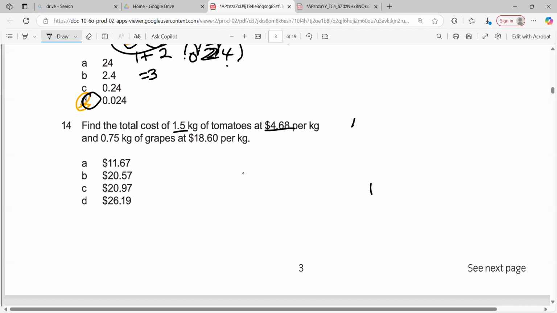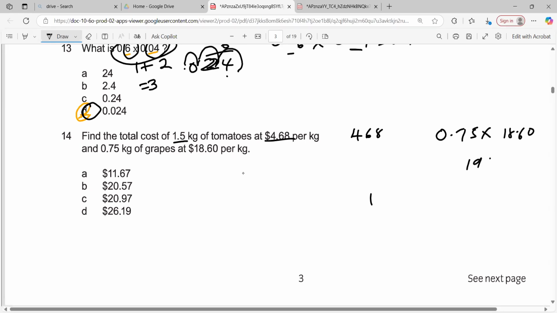So I multiplied 0.75 times 18.60, which gives me 13.95. And then I add that to the 7.02 I got before. Wait, sir, my screen is blanking out.